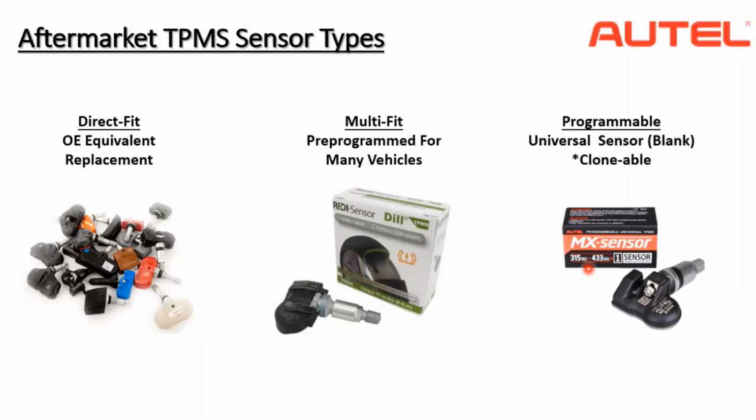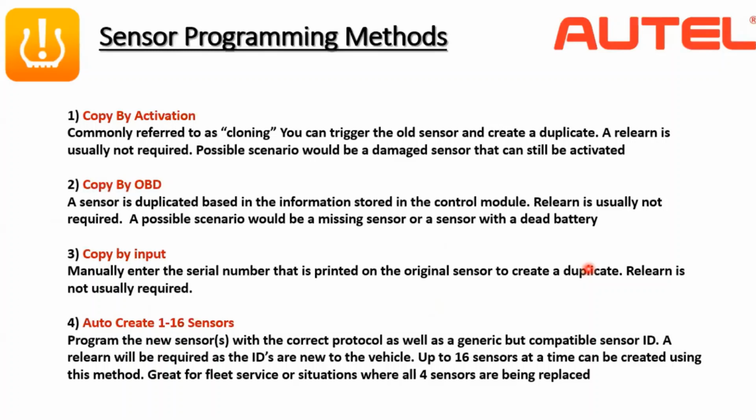That's a very unique feature that comes with the Autel MX1 sensor. Some of the common programming methods which an Autel TPMS tool can perform are copy by activation, copy by OBD, copy by input, and auto create.